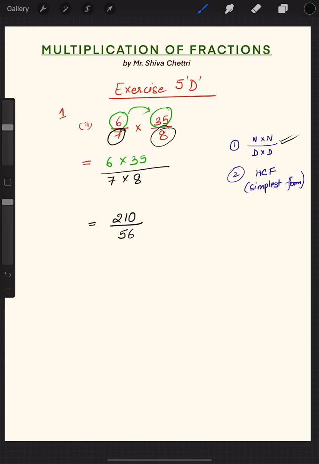So the second step is, we'll find the HCF of both the numbers, 210 and 56. We'll write the possible factors of 210 and factors of 56.